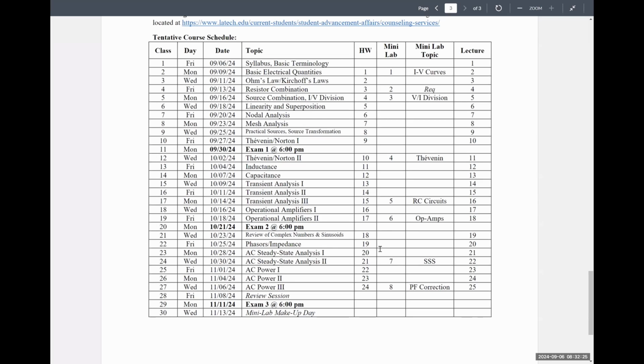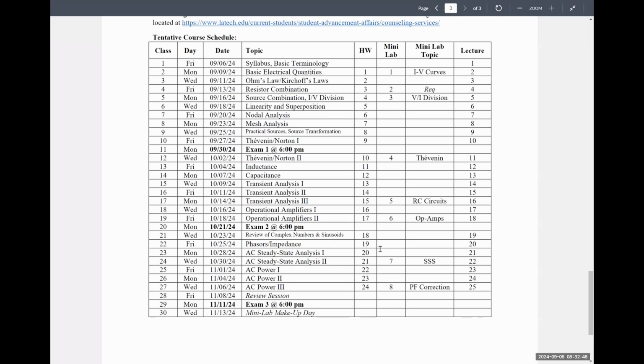If you'll notice, there is a mini lab makeup day on Wednesday, November the 13th. So if for whatever reason you happen to not physically attend class on a day that we have a mini lab, there is already a day built in to make those mini labs up. So please do not come harass me saying, oh, how can I make this lab up? It's literally right here on the syllabus.